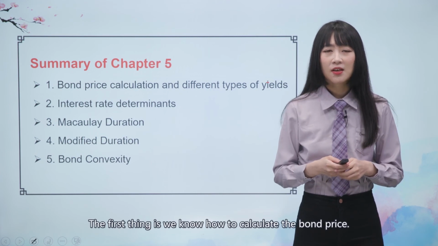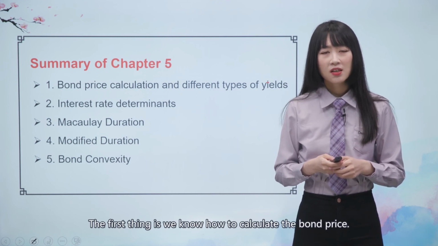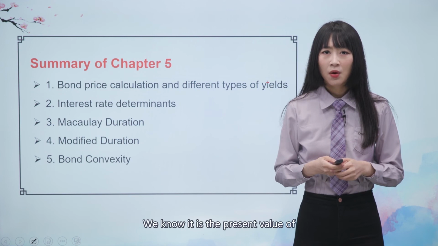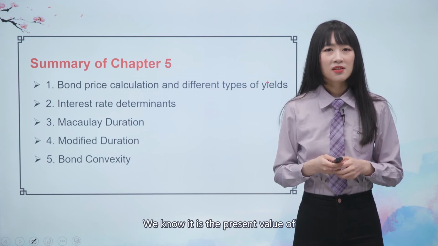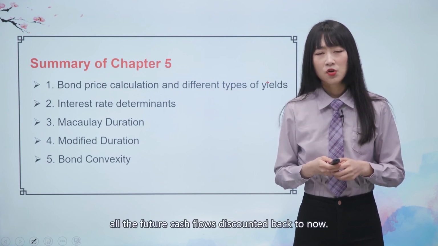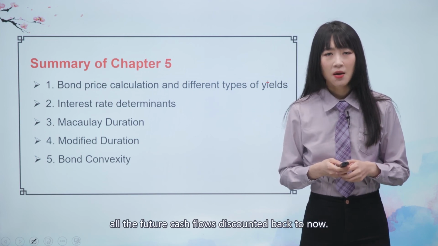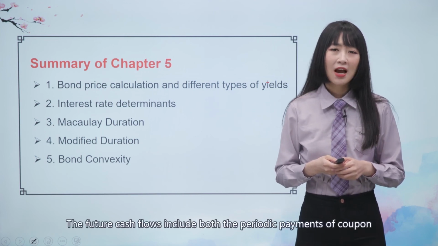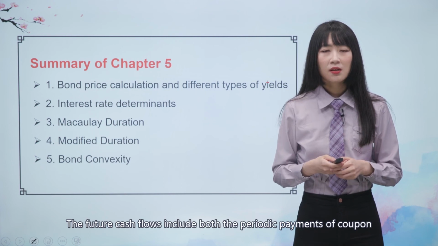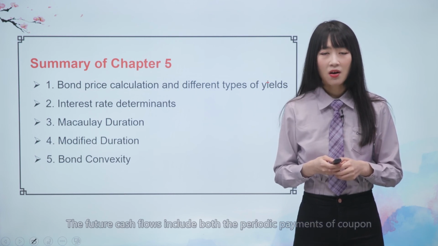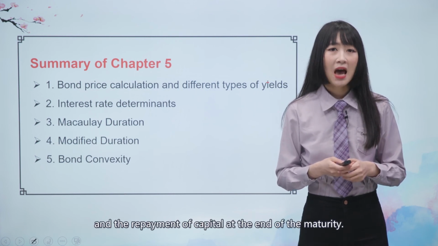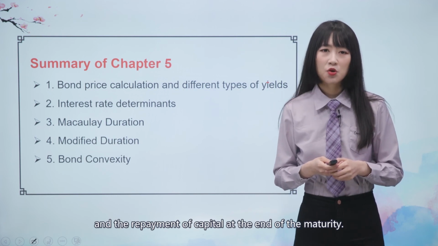The first thing is we know how to calculate the bond price. It is the present value of all the future cash flows discounted back to now. The future cash flows include both the periodic coupon payments and the repayment of capital at the end of the maturity.